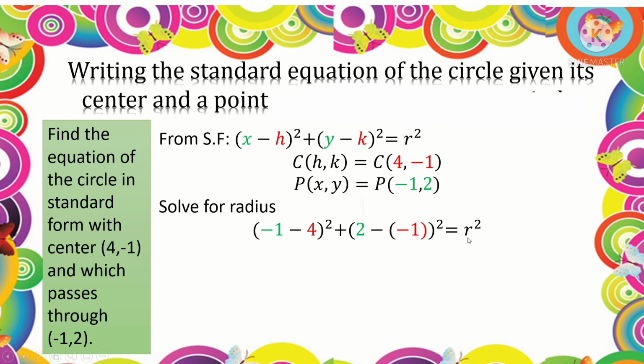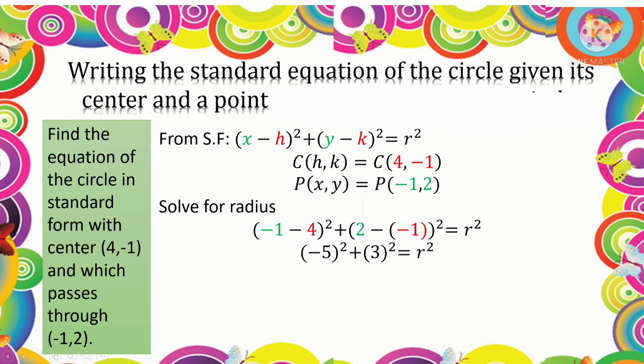We don't have the value of radius. Next, we have negative 1 minus 4 is negative 5, while here we have 2 minus negative 1, which is 2 plus 1, 3. So, negative 5 squared plus 3 squared equals r squared.